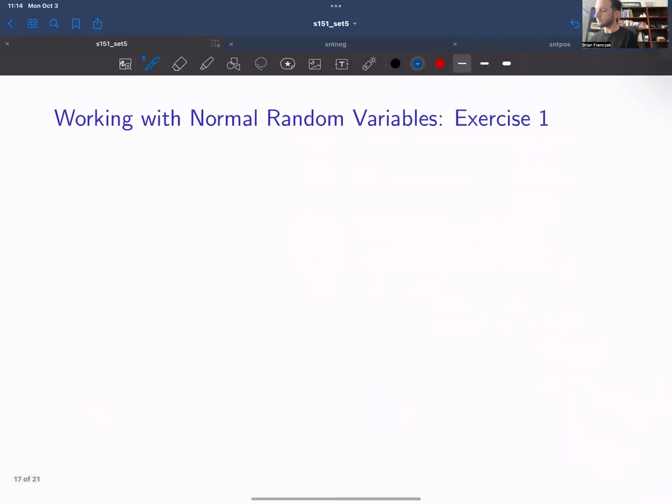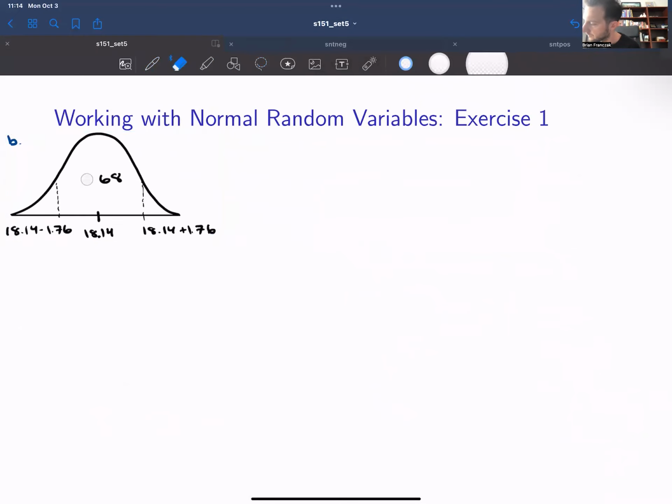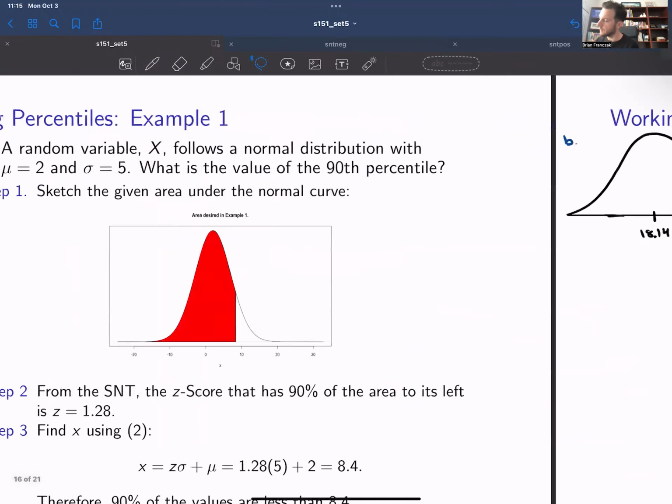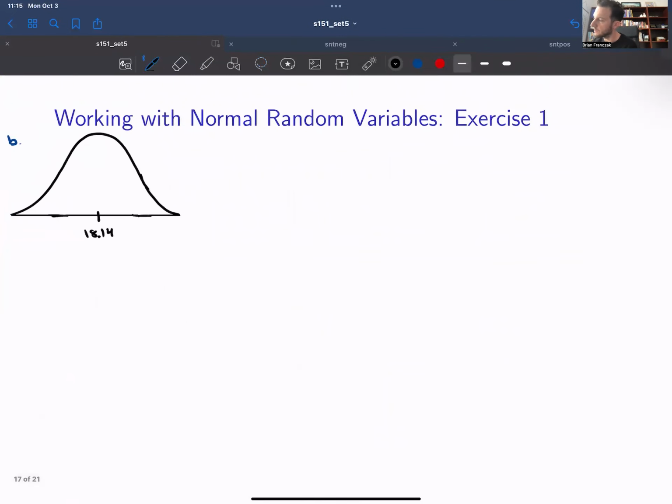Same idea. Let's take our standard normal curve from before. This time we're interested in finding the probability that the species have a length between 17 and 18 millimeters.